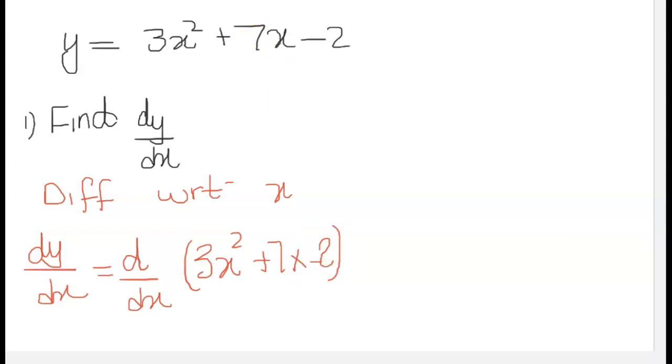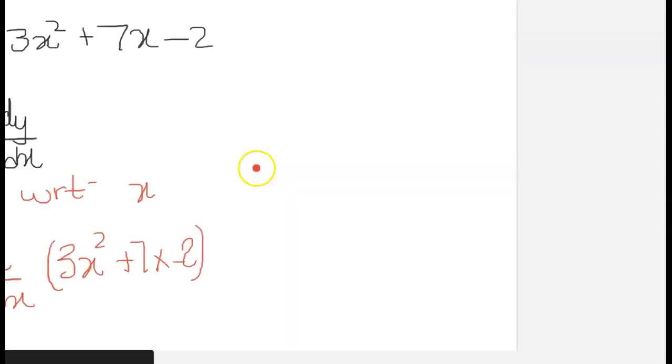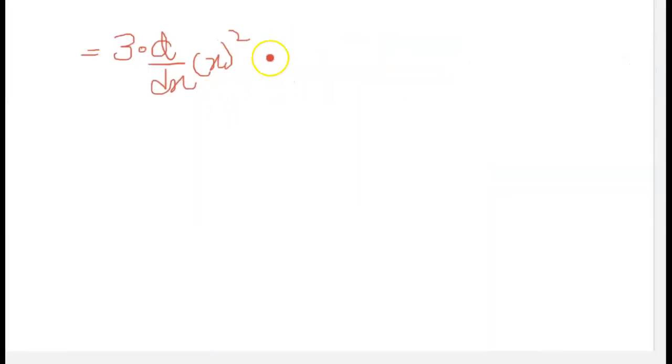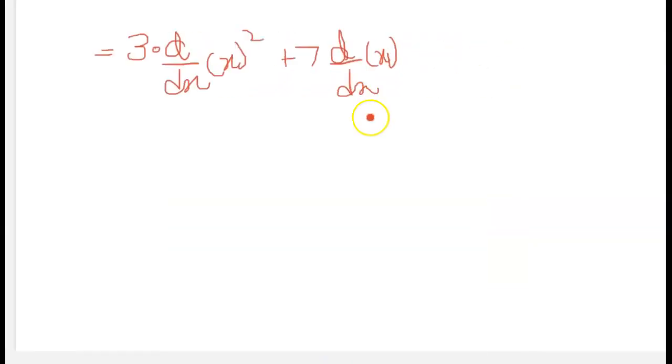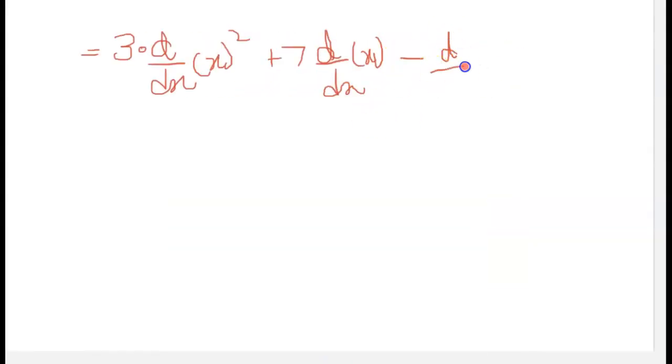Let's go on the next slide, easier, we've got plenty of slides. So when I differentiate that one, the 3 is here and I need to differentiate the x squared. Now the other one is 7x, plus 7 is outside, d over dx of the x. And then I got minus 2, minus d over dx of the 2.